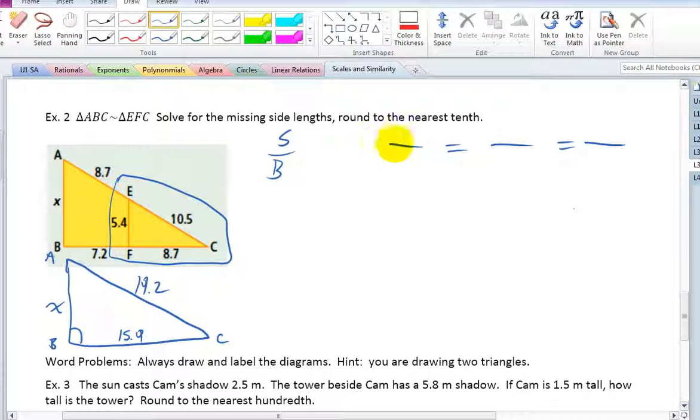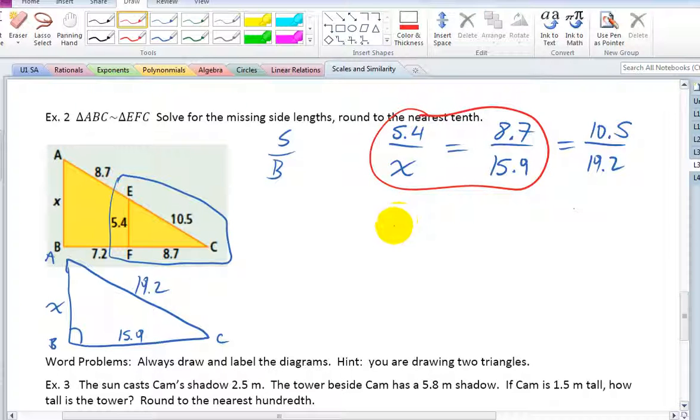Well, you should have recognized that. Okay, so I only need to set up one fraction. It doesn't matter if you have the same one or not, you'll still get the same result. Okay, so cross multiply, 5.4 times 15.9 equals 8.7 times x.